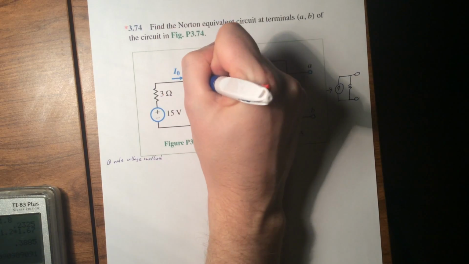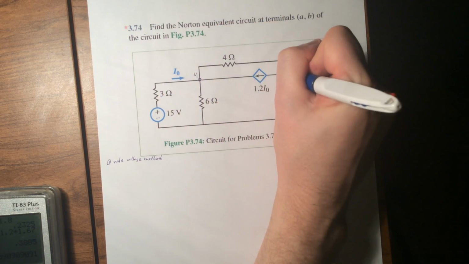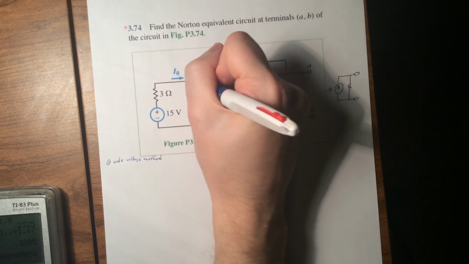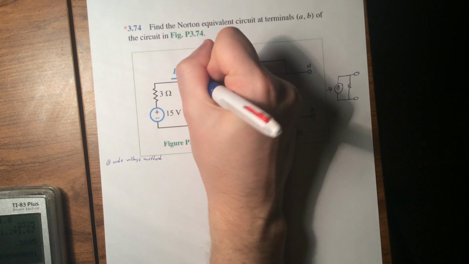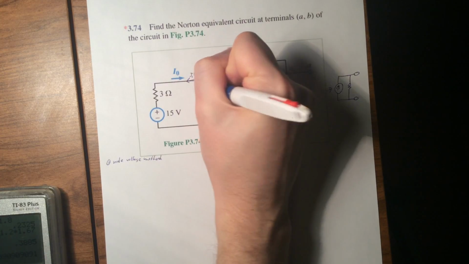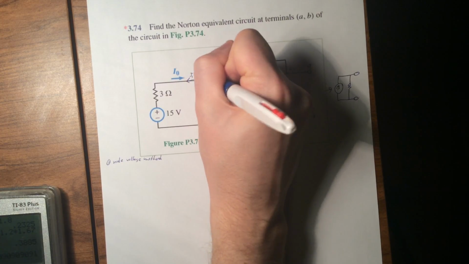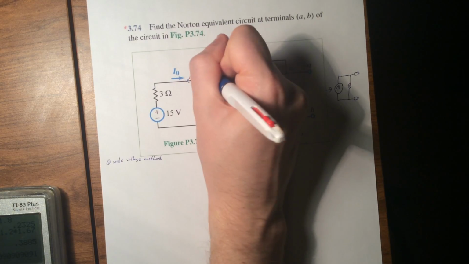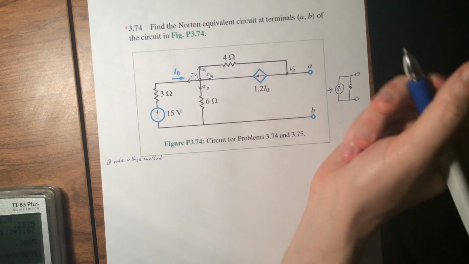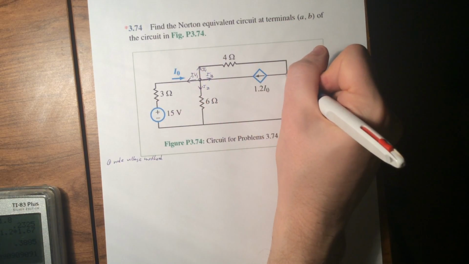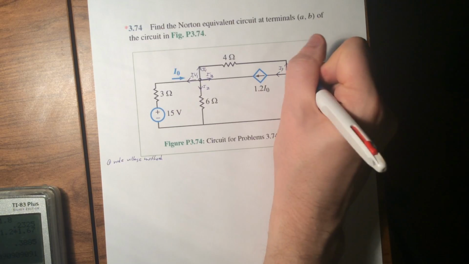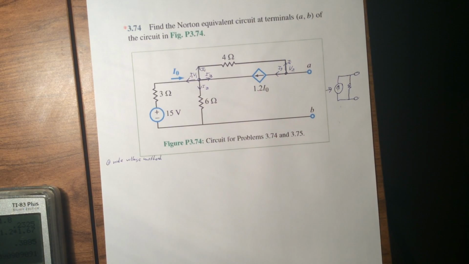We're going to make our V1 and our V2, and from those we're going to draw out I1, I2, I3, and I4. We're also going to draw out our I5 and our I6. I think that's all of our nodes. Yes, we only have those two.